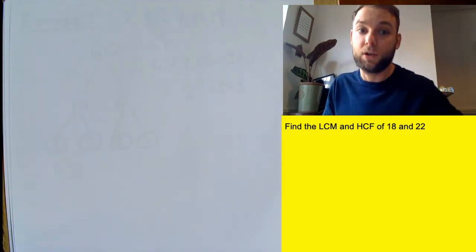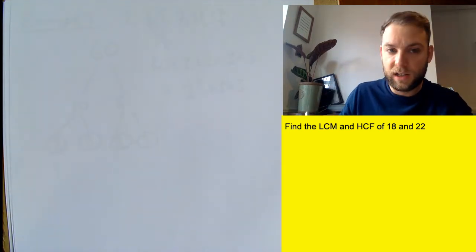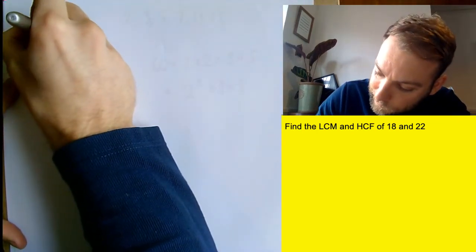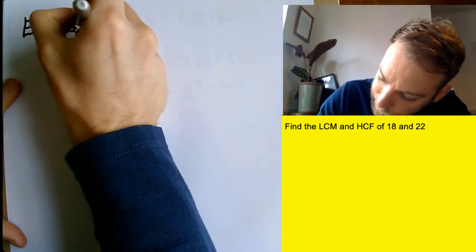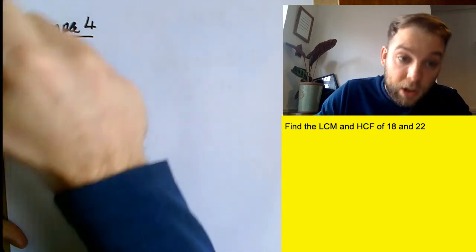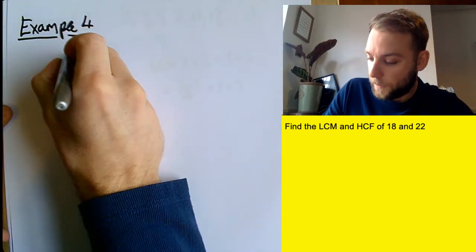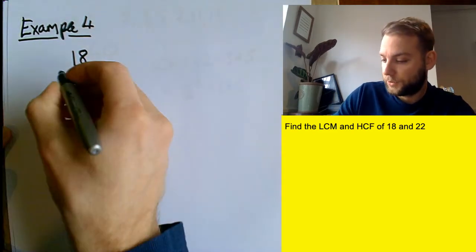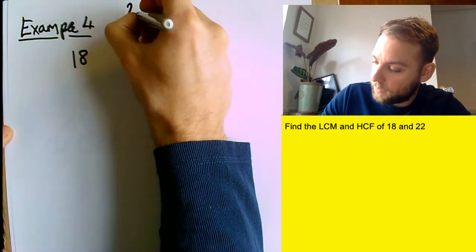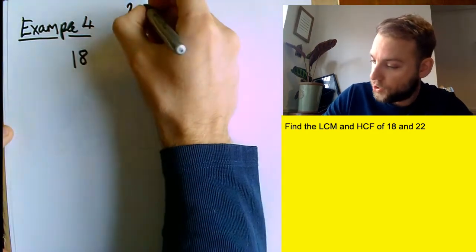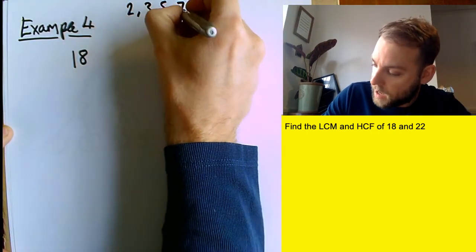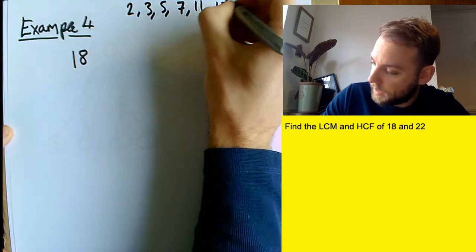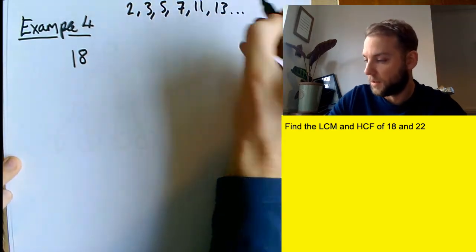And the way we do it is we use prime factors. This is example 4 now. The first thing you do is write down the prime factor tree for 18. So let's write down my primes first: 2, 3, 5, 7, 11, 13, and so on. We know that they carry on.